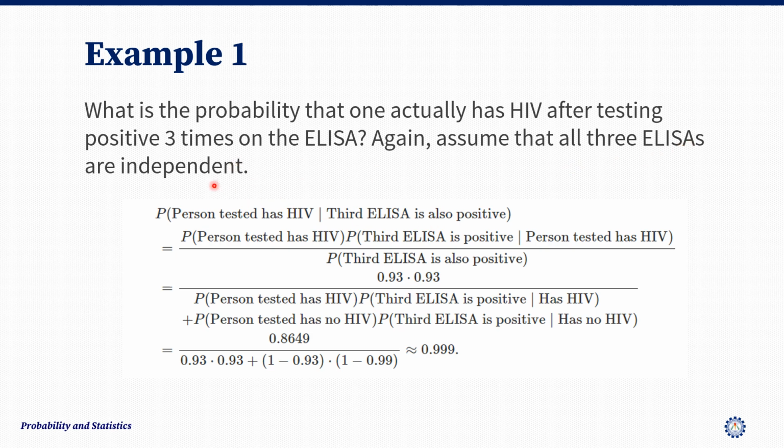Again, we can use Bayes rule to update. The probability that the person tested has HIV given that the third ELISA is also positive is 0.93 multiplied by 0.93, over 0.93 times 0.93 plus 1 minus 0.93 multiplied by 1 minus 0.99, which is equal to 0.999.